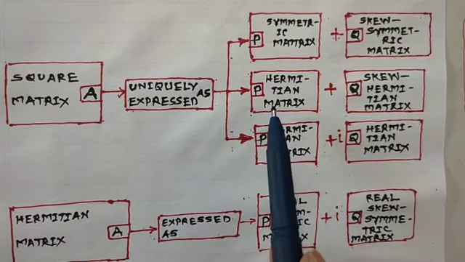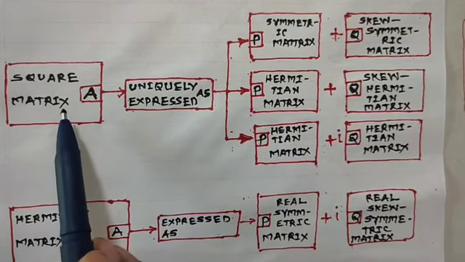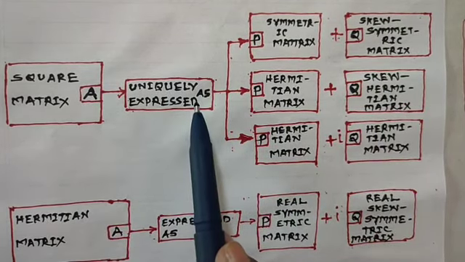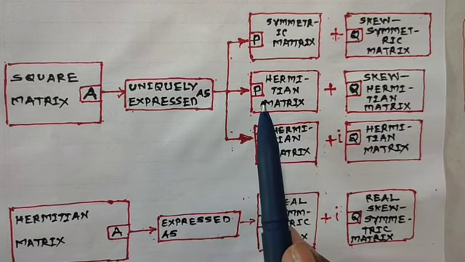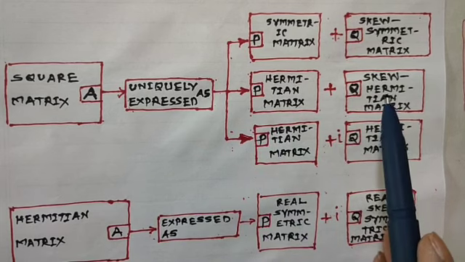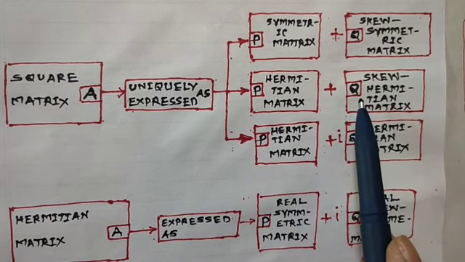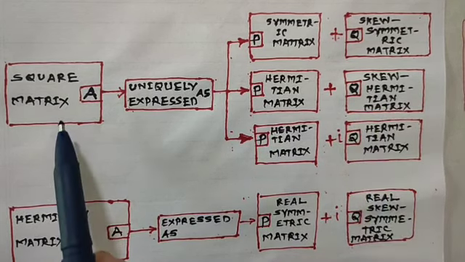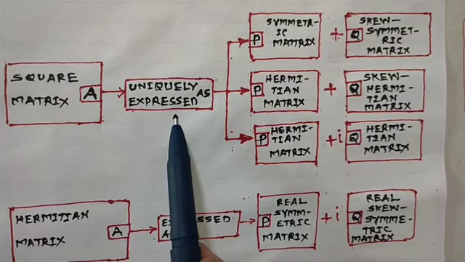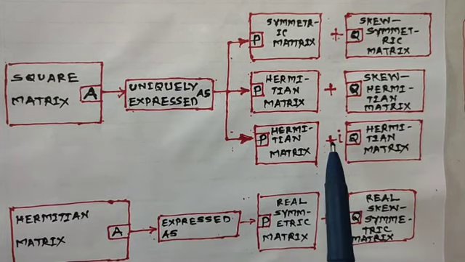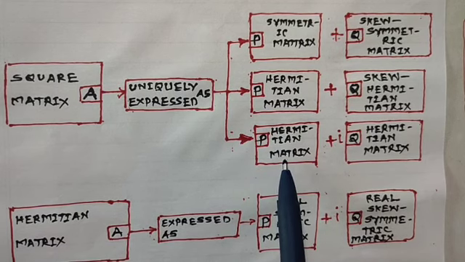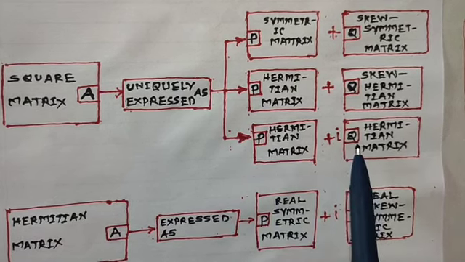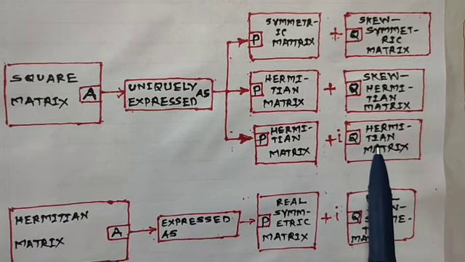Then second, every square matrix A can be uniquely expressed as the sum of a Hermitian matrix P and a skew Hermitian matrix Q. Again, every square matrix A can be uniquely expressed as the sum of P as a Hermitian matrix plus I into Q, which is also again a Hermitian matrix.